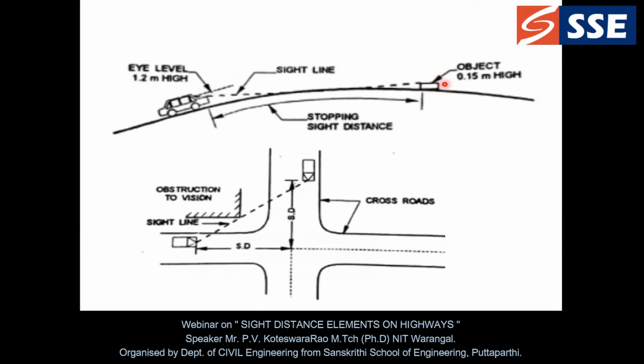Here the driver's eye is at a height of 1.2 meters, whereas the object height is only 0.15 meter. This is as per IRC recommendation, the minimum height of the object that we can observe while traveling in a vehicle, and for designing any pavement, the minimum height to be considered is 0.15 meters.